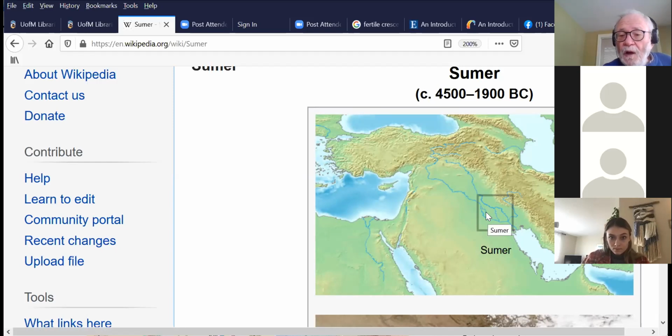There were many towns actually that existed. You see, between the two rivers in this region here, there were many towns. And the population of these towns no longer lived by agriculture. The peasants were out in the field.